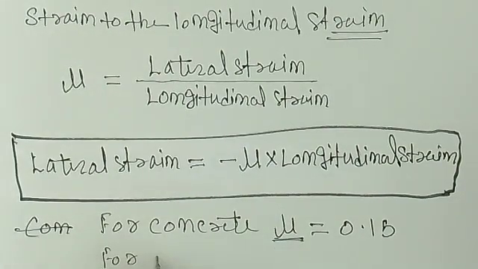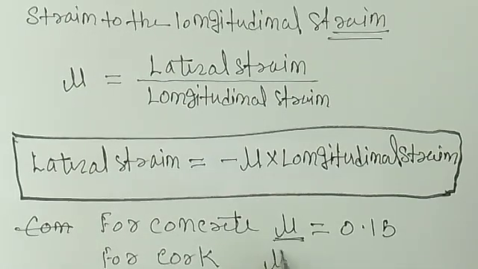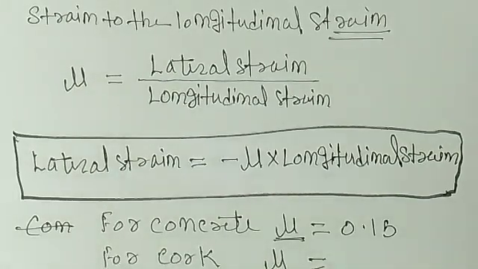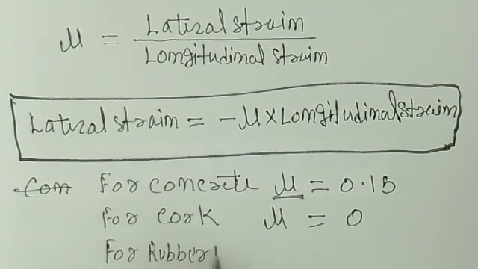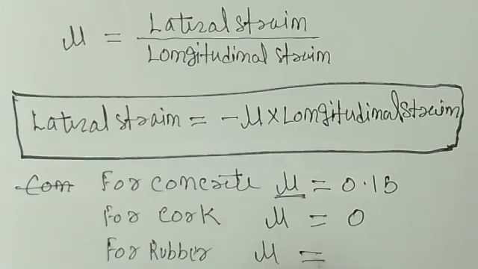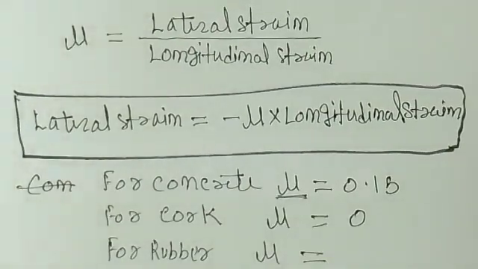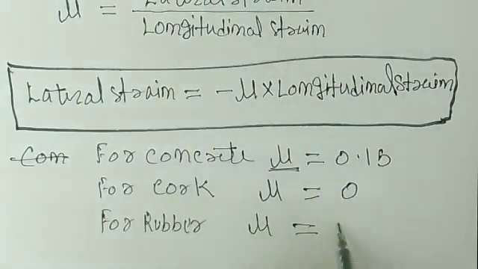Next, for cork, the Poisson ratio mu is 0. Third, for rubber, the Poisson ratio mu is 0.5.